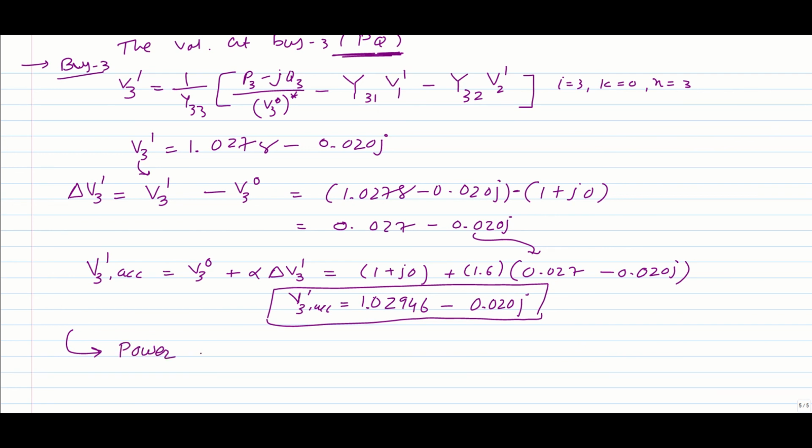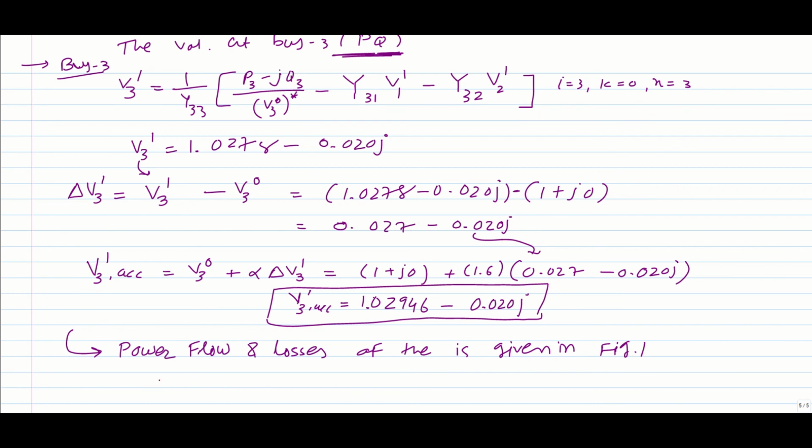It's not asked, but our main objective is to calculate the power flow and power losses of the system given in figure number 1.